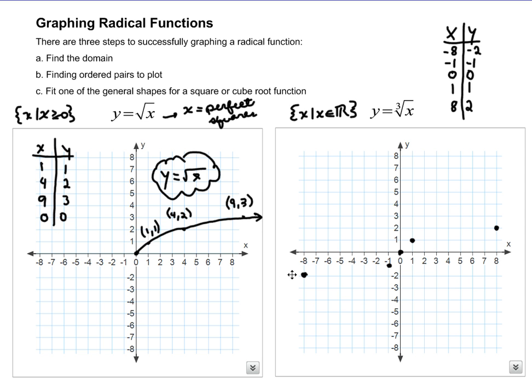Now if we were to fill in the curve, this is what it's going to look like. Starting at 0, it shoots off to the right, kind of like the square root graph. But if we go to the left this time, it looks like a reflection around the origin, and the graph goes off like this. So this is our basic graph for y equals the cube root of x.